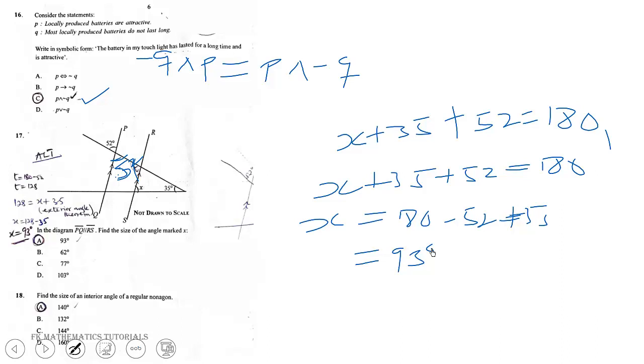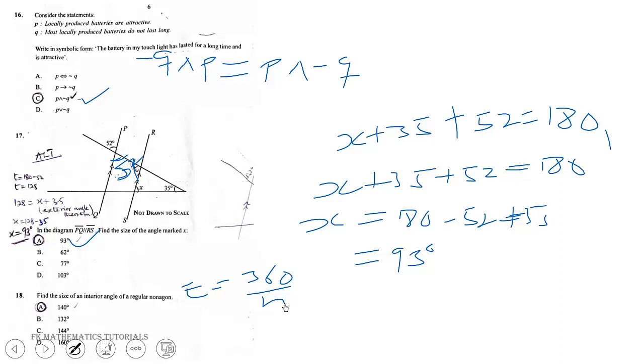Find the size of an interior angle of a regular nonagon. So one exterior angle is given by 360 over n. So the nonagon has 9 sides.